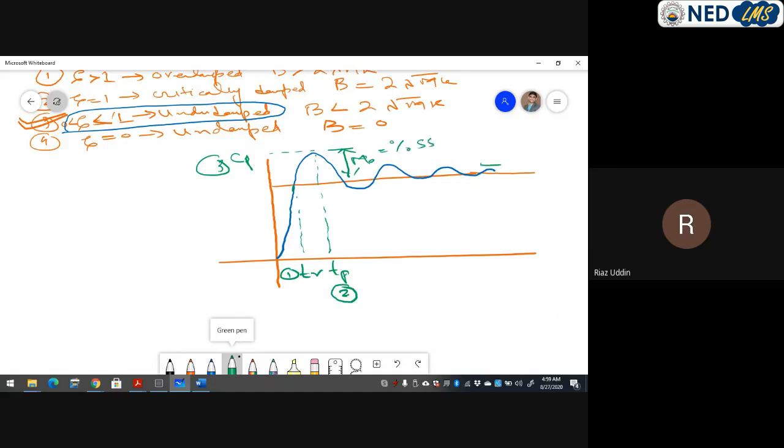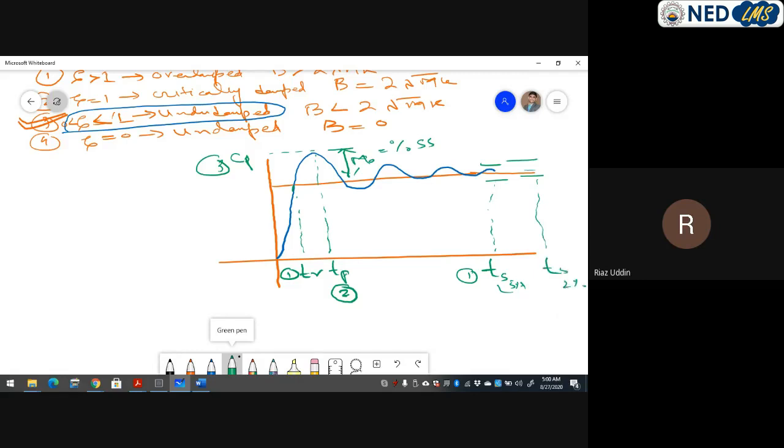And the fifth, not the least, is the settling time. It could be of two standards. Number one, settling time when the error is 5%, and another settling time when the error is here somewhere, equal to Ts equal to 2%.